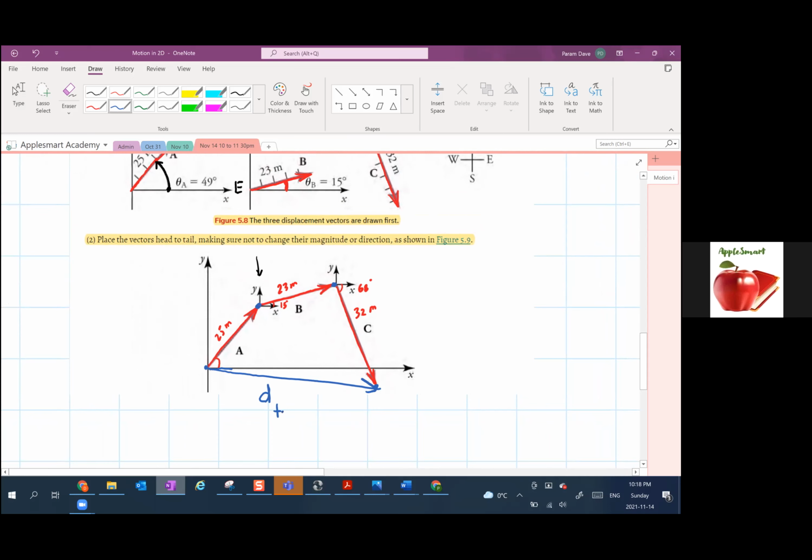So total displacement. D total, you can call it D net or D resultant, whatever you want to call it, right? And then, of course, you have to find out that theta. And so how do you do this in the graphical method? Well, you would take a ruler and measure that distance, measure the length using a ruler.